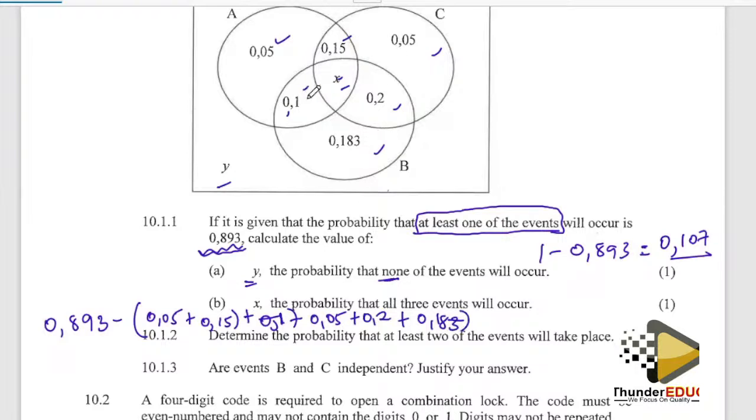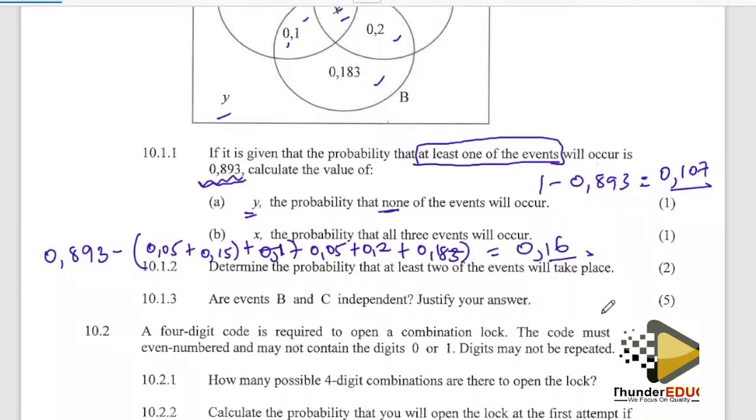So everything under it. So 0.05, I have 2 of them. Okay, 0.893. I'm getting 0.16. 0.16 as my answer.